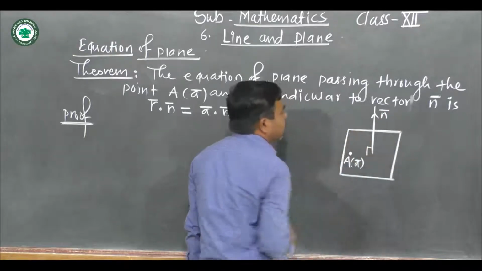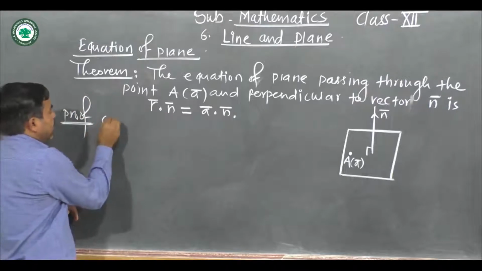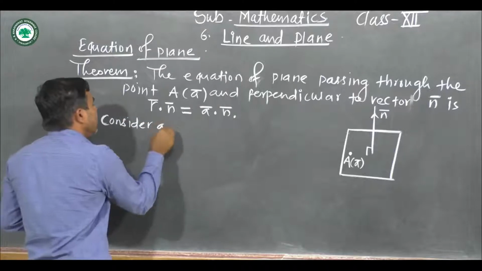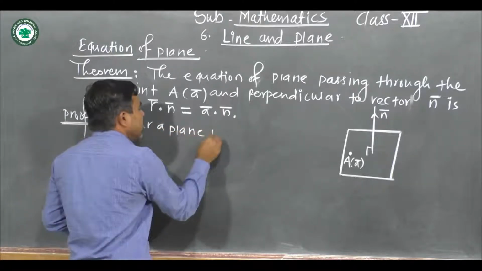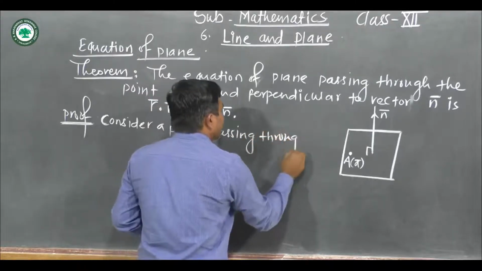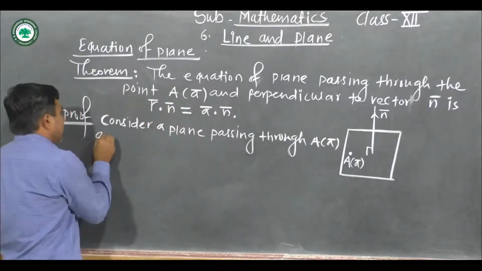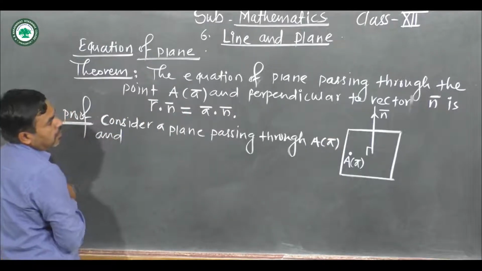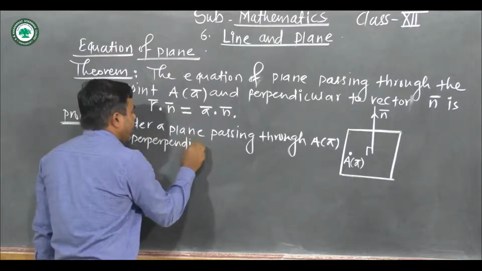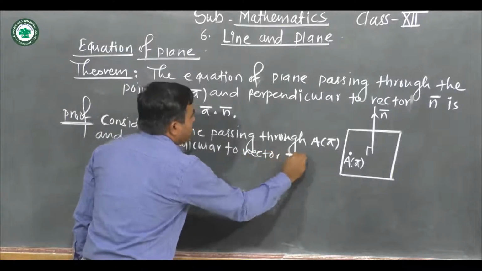So consider a plane passing through point A with position vector a bar and perpendicular to vector n bar.